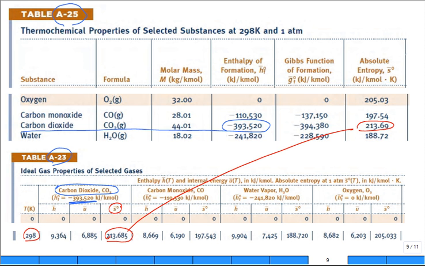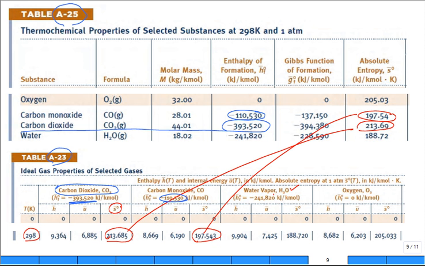The same is true for the carbon monoxide. Here's the enthalpy of formation for the carbon monoxide, and the absolute entropy at 298. Same for the water vapor.